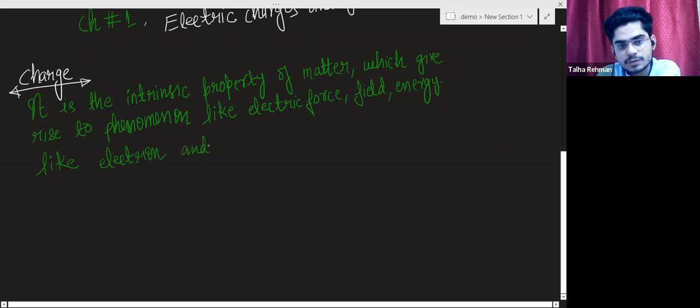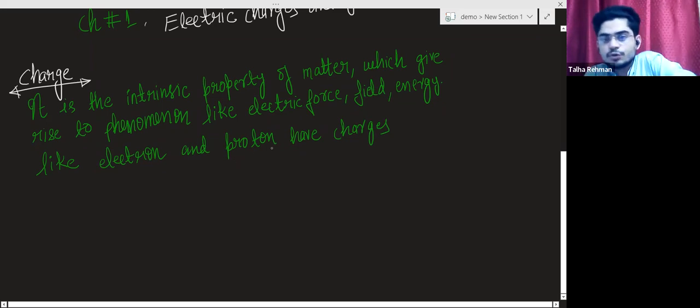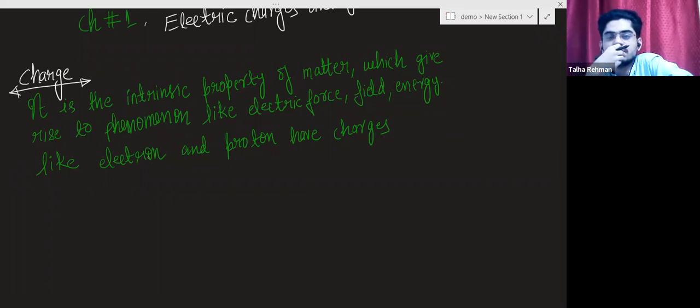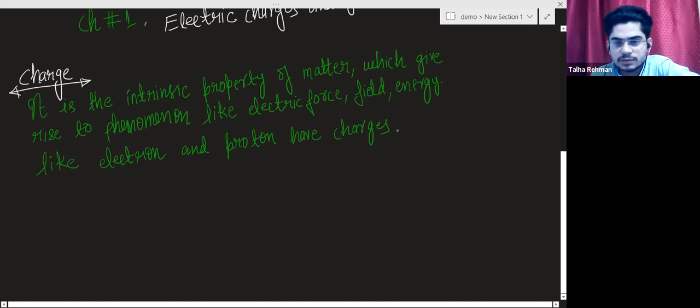Electron and proton have charges. Electron has a charge, and proton also has a charge. They are matter, and having a charge means having a property. So basically this is all about charge.